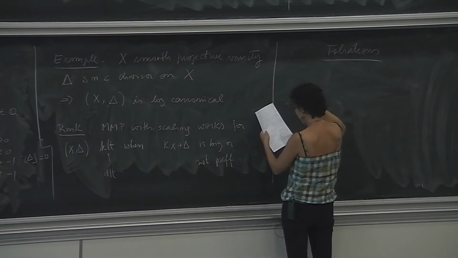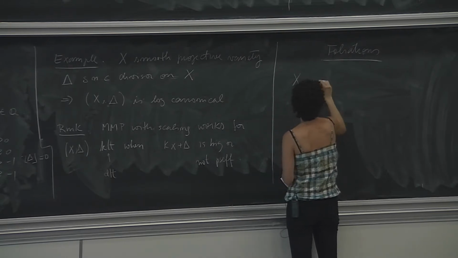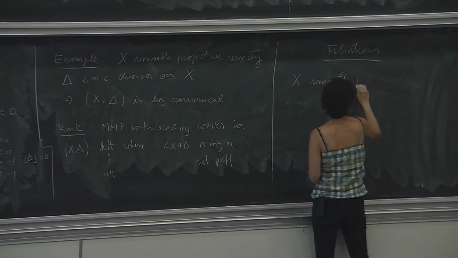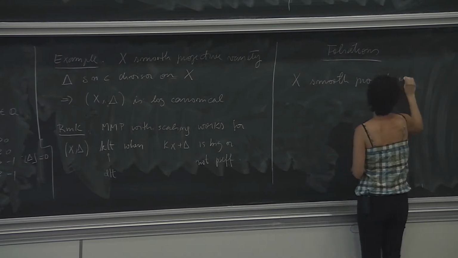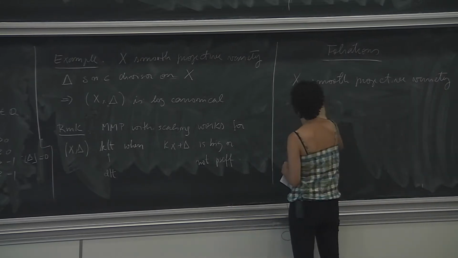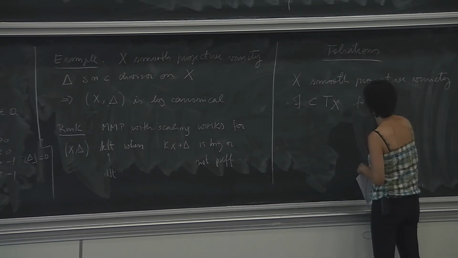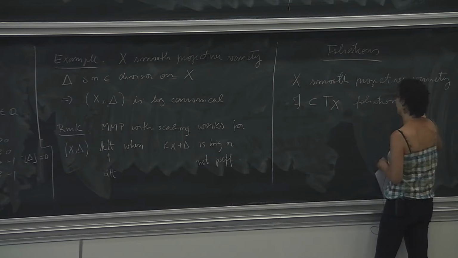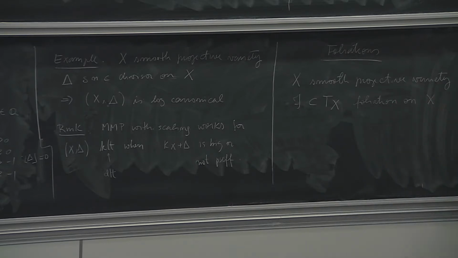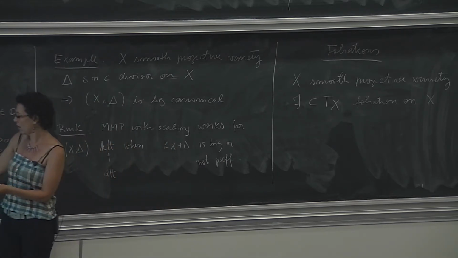We are going to work in the smooth context, where the ambient space is smooth. So X is a smooth projective variety, and F is a foliation on X.